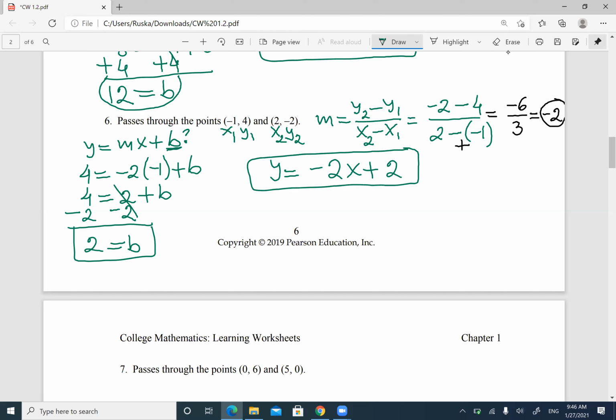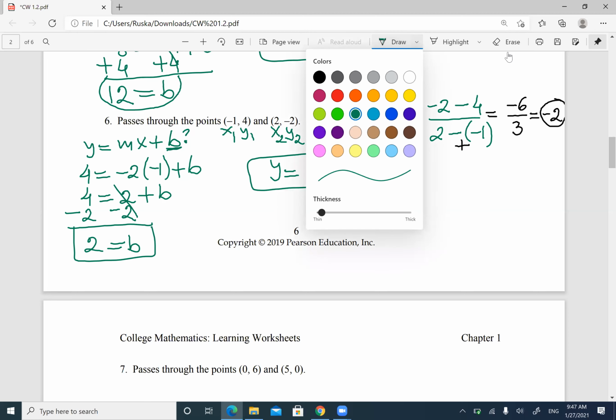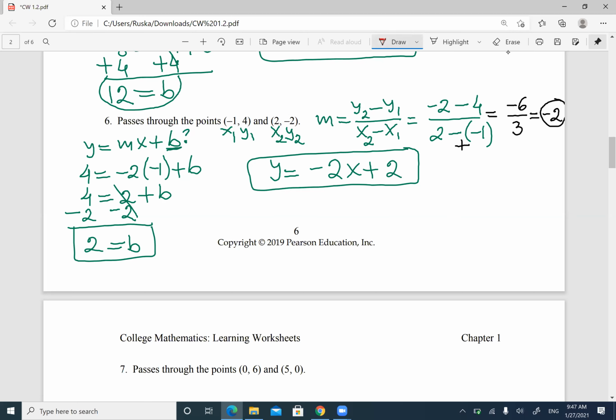Okay? Let me just show you something else here. So this is slope intercept, right? What if they say find the equation in standard form? They don't ask you to do that, I'm just going to show you how to do it.